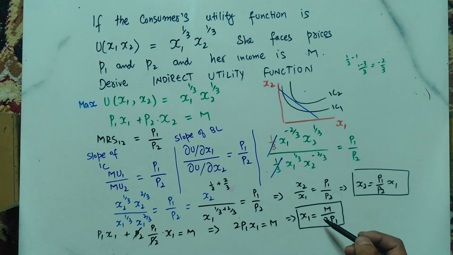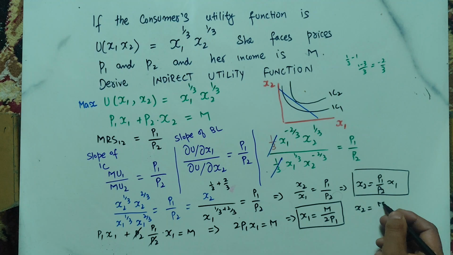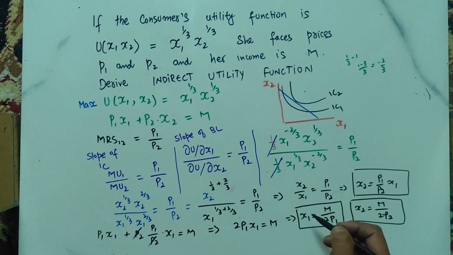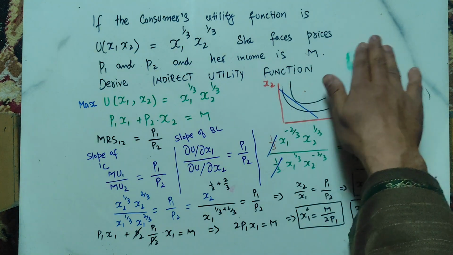Likewise, if we want to find out the Marshallian demand function for good x2, what will we do? We plug x1 equal to this stuff into this equation, and we will get x2 will be equal to m upon twice P2. Okay, so these are our Marshallian demand functions. To find out the indirect utility function, what we need to do?